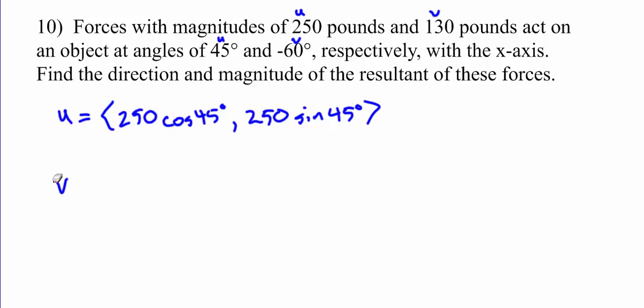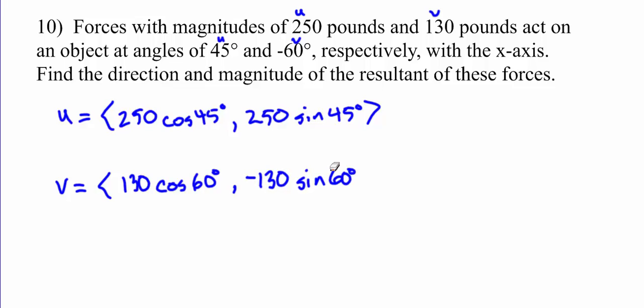Vector v is set up the same way, but my force is 130 and my angle is negative 60 degrees. Now, if you remember odd versus even, we can ignore that with the cosine of 60 or negative 60, they're the same thing. And for the sine, we can just change that and make it negative 130 times the sine of 60 degrees.